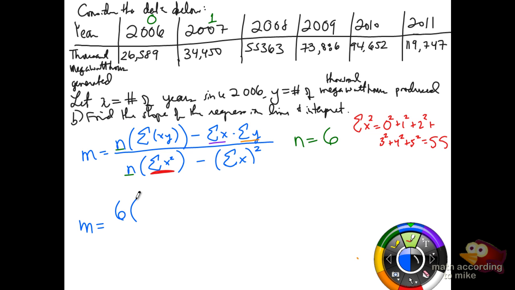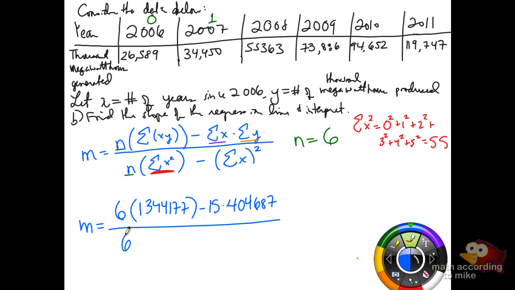That was that million number, 1,344,177, minus our sum of x's was 15 times our sum of y's is that 404 number. Over, n is still 6. Our sum of x squared is in the red over here, 55. Minus 15 squared was 225.